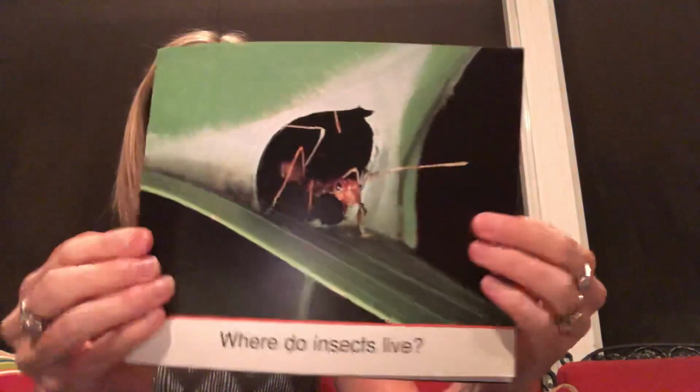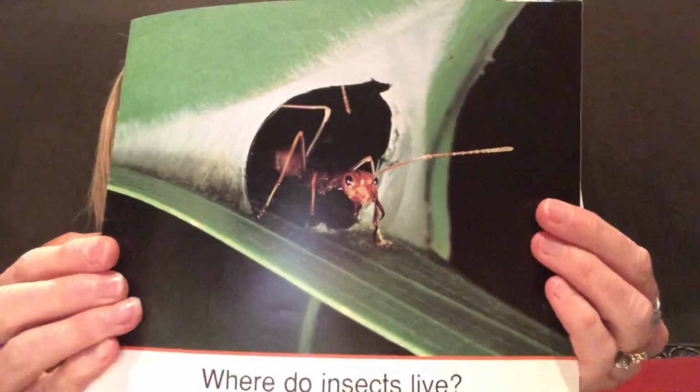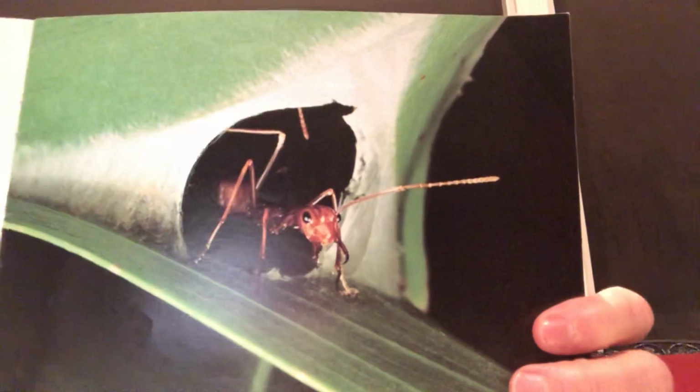Now that was a short book. Let's go back to the very first picture. The very first insect is called a weaver ant. And I'm going to read you a little bit about what the book tells me in the back. The weaver ant in this picture is standing in the opening of the nest that has been built out of leaves.